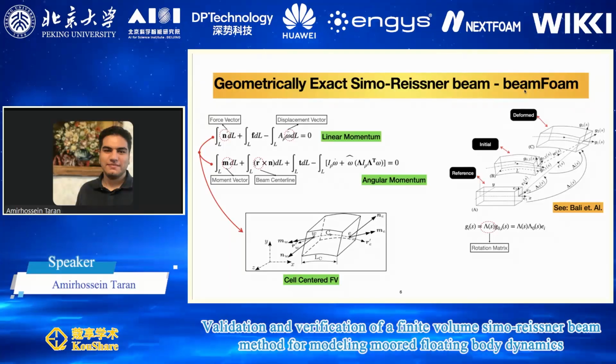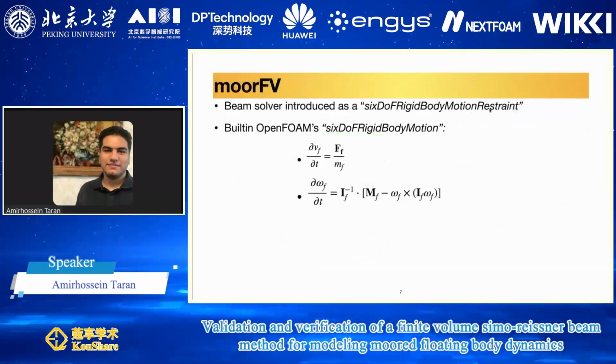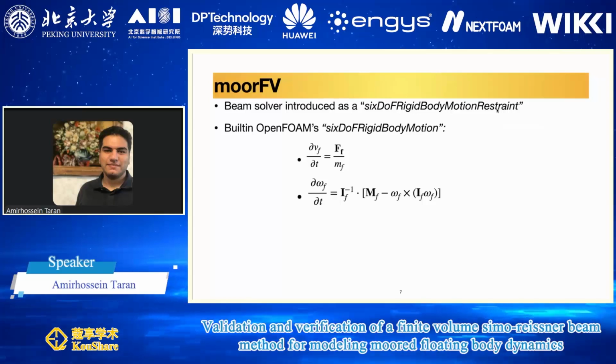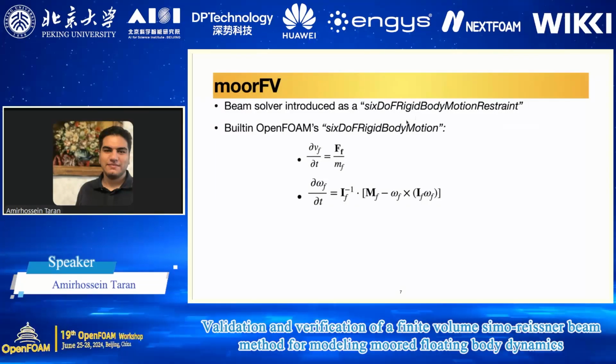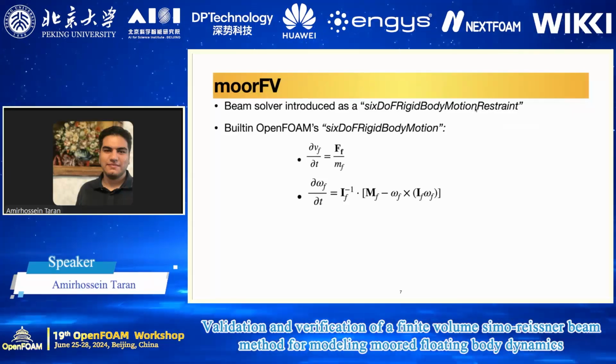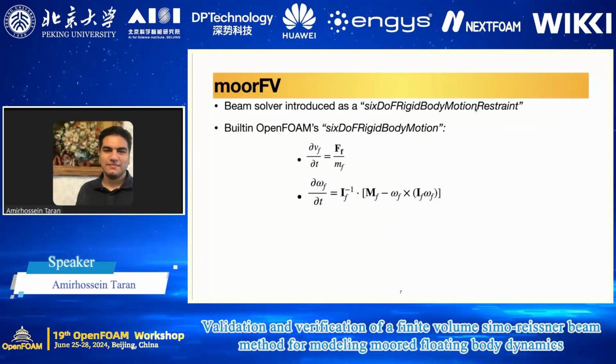The goal here is to take advantage of this BeamFOAM as a 6DOF rigid body motion restraint to solve for the mooring lines. This 6DOF rigid body motion is OpenFOAM's built-in class for simulating the motion of a rigid body.